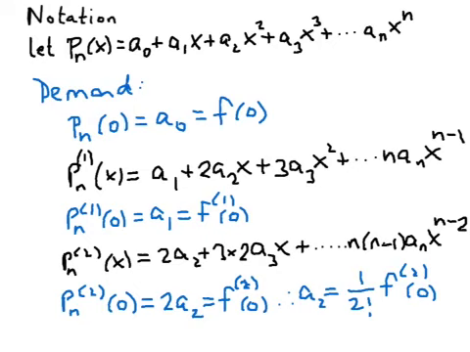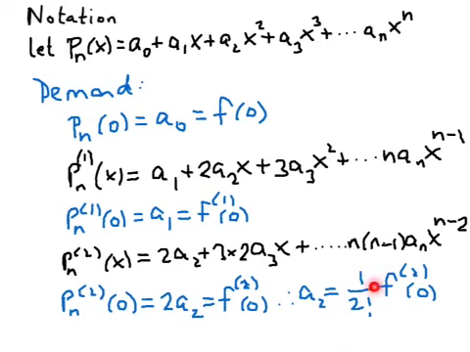Of course, 2 is equal to 2 factorial. So at this stage we've calculated the first three coefficients. We've shown that a0 is equal to our function evaluated at 0. We've shown that a1 is the first derivative of the function evaluated at 0. And we've now shown that a2 is 1 over 2 factorial times the second derivative of the function evaluated at 0.